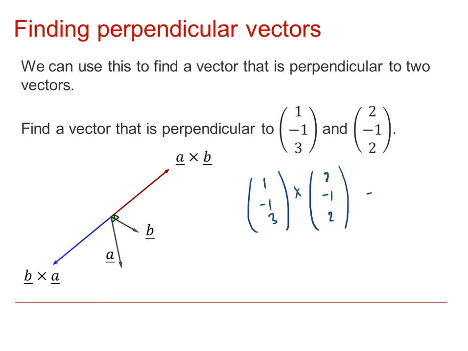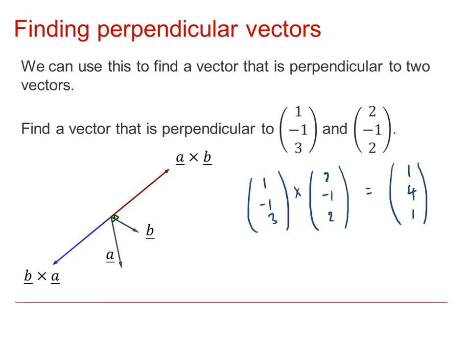Looking at the top line, we would get negative 2 minus negative 3, which is 1. The next one is going to be 6 minus 2, so it's 4. And the bottom line comes from negative 1 minus negative 2, so it's 1.